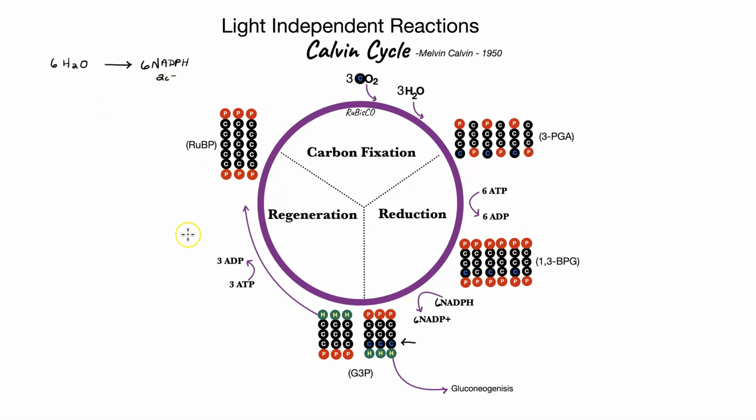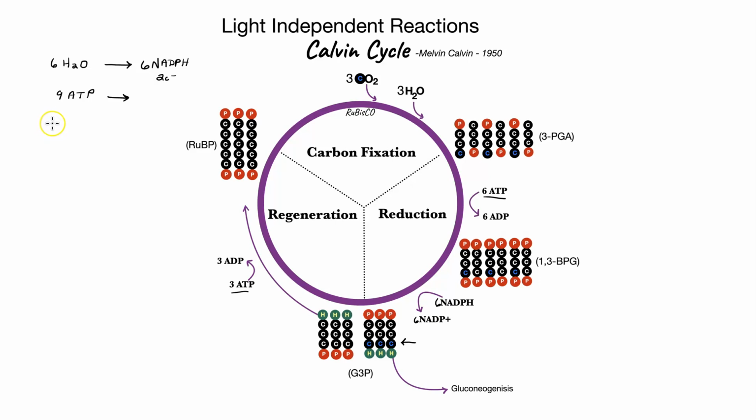Now, how much ATP? Well, based on what we've done here by a theoretical 3 turns, we have 6 ATP with 3 more. So we need 9 ATP that have to be generated from the light dependent reactions in the thylakoid that are driving this process.